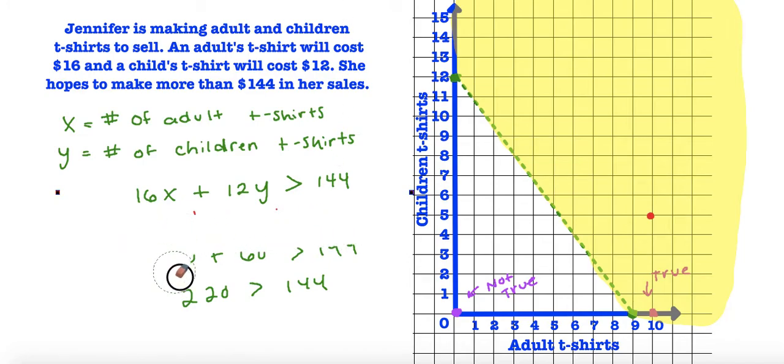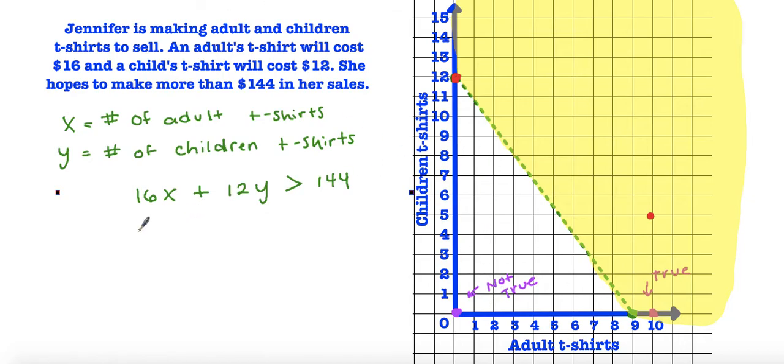And anything on the line will be equal to 144. But because our inequality is greater than 144, this will not be true. So for example, if we pick this coordinate here, which is on the line, this would make this inequality not true.